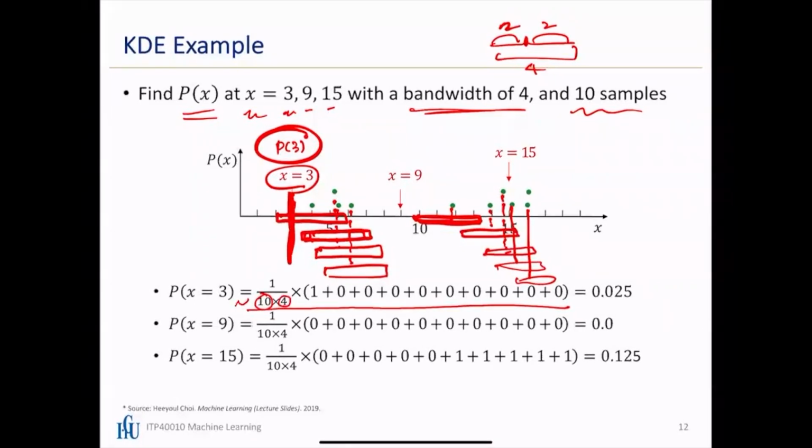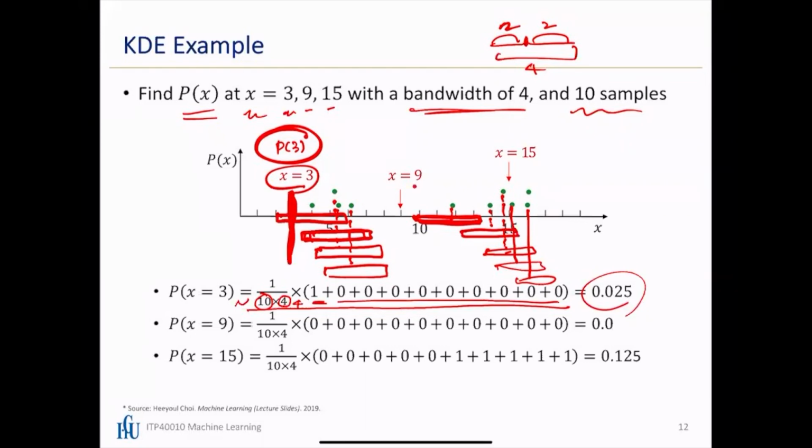And this is your bandwidth, and we are looking at one-dimensional data, so this is 4 to the 1. And we have one kernel overlapping with this point, so that is 1. Other than that, all the other kernels are not overlapping, so you are simply putting zeros. And if you calculate this multiplication, then you can easily get 0.025.